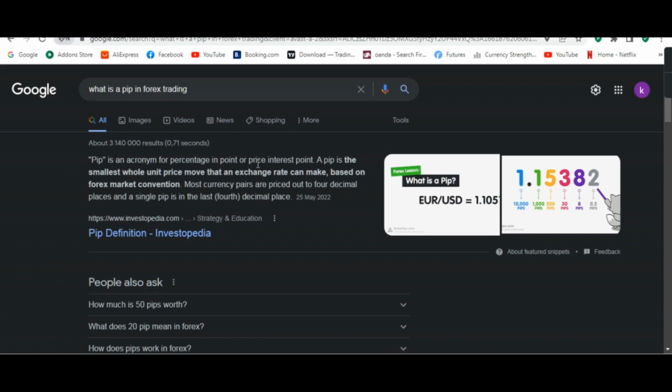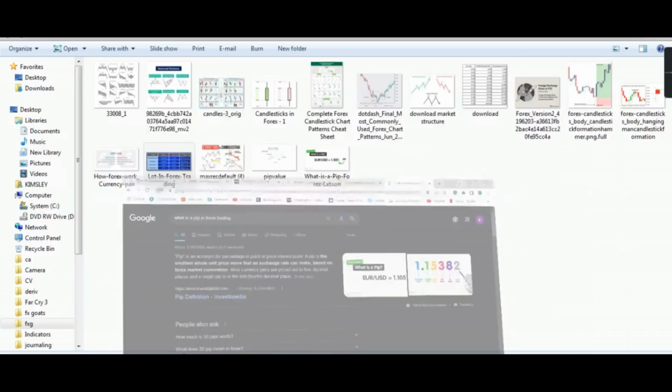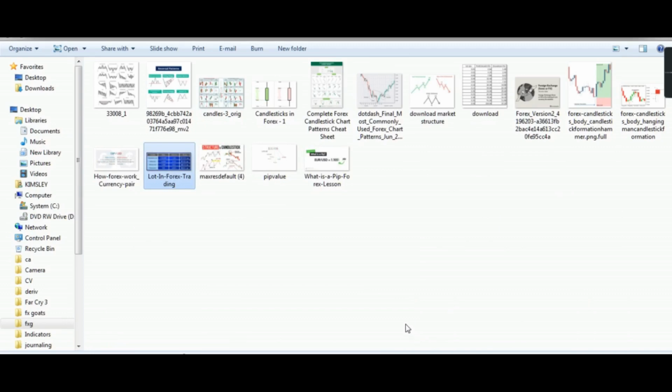PIP is an acronym for percentage in point or price interest in point. A pip is the smallest whole unit price move that an exchange rate can make between two currencies, guys. This is the most important thing. This is basically how we measure the movement between these two currencies as the exchange happens. We measure that in the amount of units the market moves, in pips, guys. Price in point, this is basically what it is.